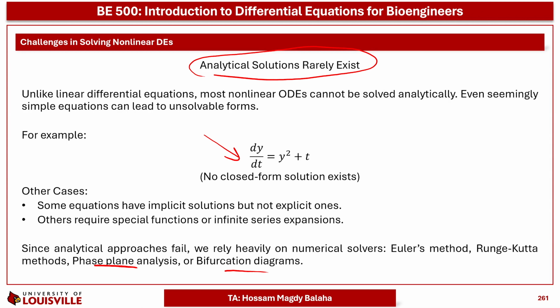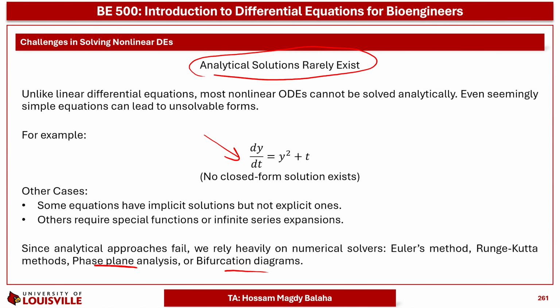So the plan now: we have a system. We will check if it's linear or nonlinear. If it's linear, now we know the different ways to solve it, whether using analytical or numerical methods. But if it's nonlinear, then you will ignore the analytical solution and you will stick with numerical or qualitative ways to solve it or understand the system.